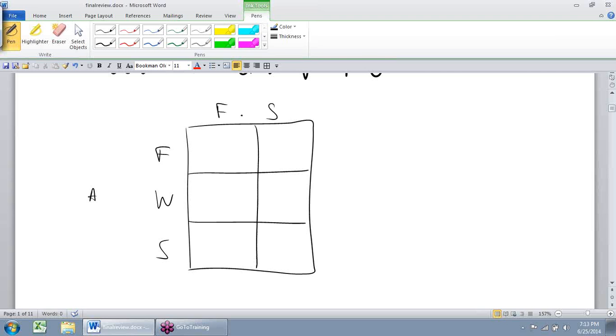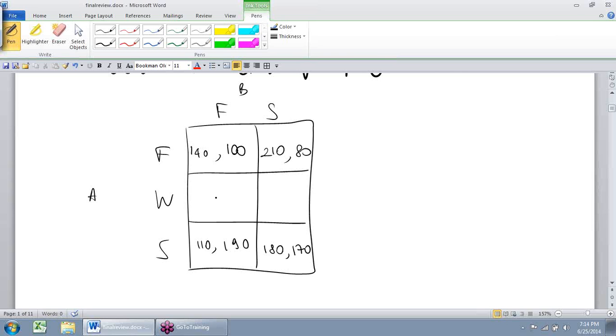The payoffs are the same as above for fight, that is 140 for A and 100 for B. Then we have 210 if A fights and B shares, and 80 for B. We don't know what happens when A chooses waffle, and when A chooses share and B chooses fight, we have 110 for A and 190 for B as before.